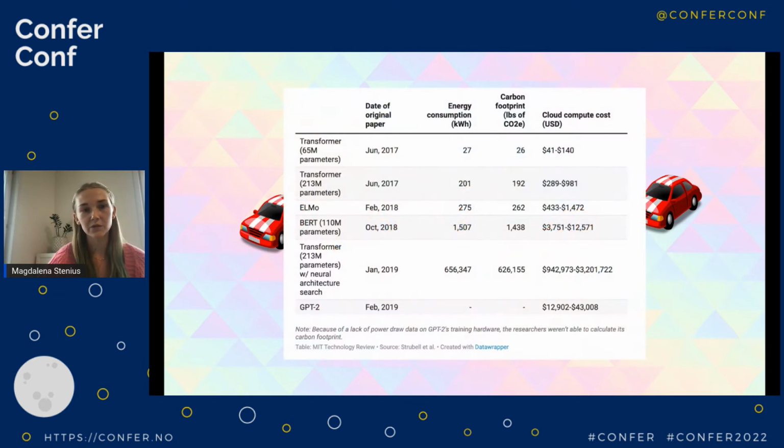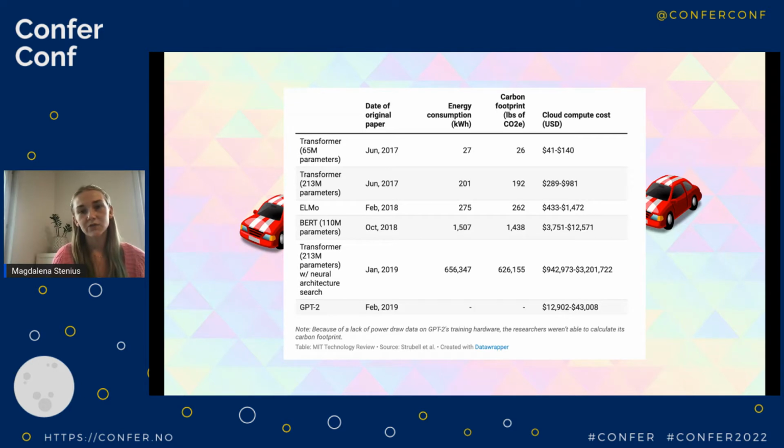Here are some examples of these natural language processing models and their trainings, and how large their carbon footprints are. If you want a little bit of context for this, the average household in the US would produce about 48,000 kilograms of CO2 equivalent per year. So these numbers are exceeding even those.